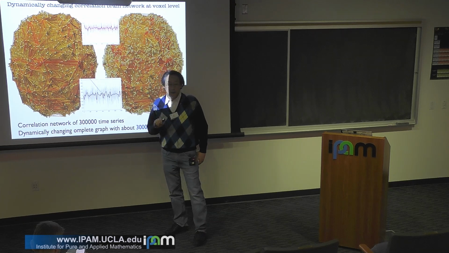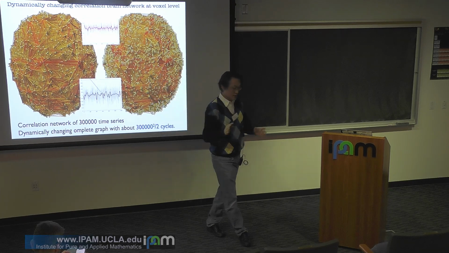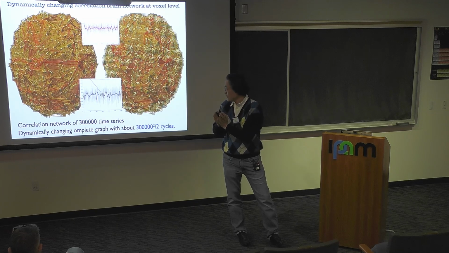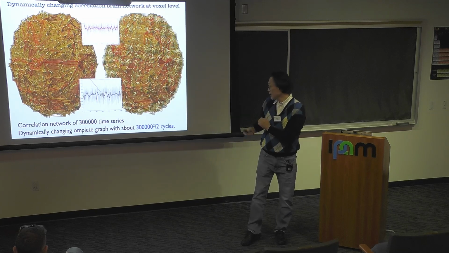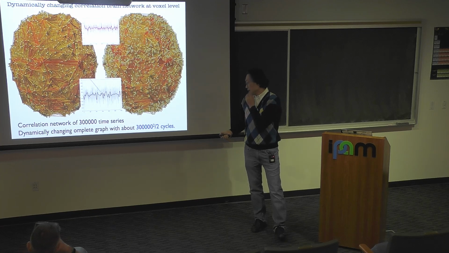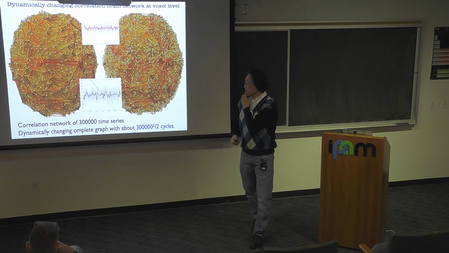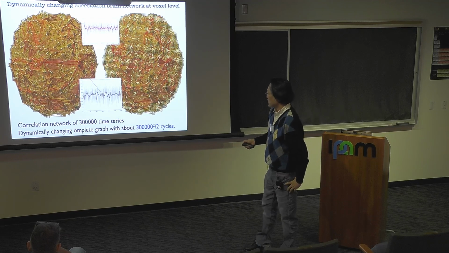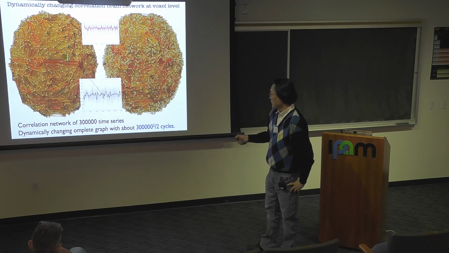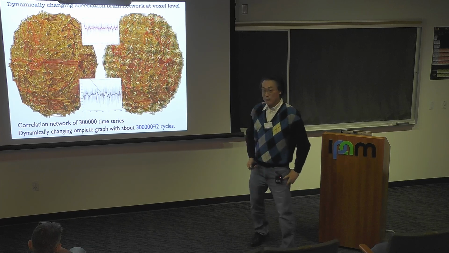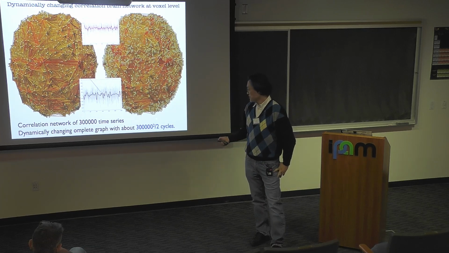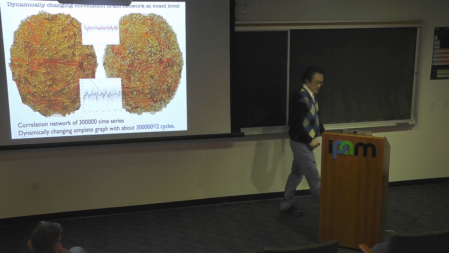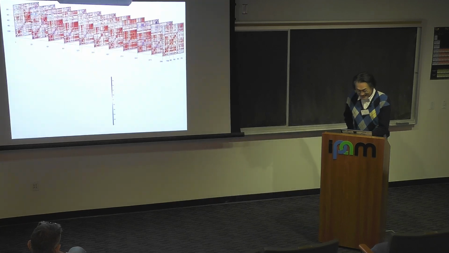It's basically the inner product, so it's like the angle between vectors, or what they call cosine angle in computer science. And in this network, you can see how many cycles there are. If this network has 300,000 nodes, how many cycles will there be? Approximately this number of cycles. So that's our data.